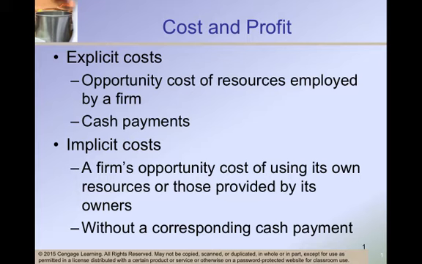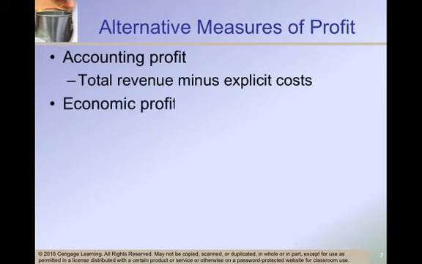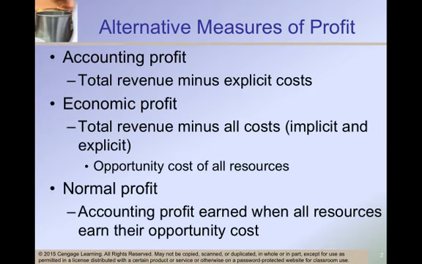So we're going to talk about how accounting versus economic profit actually differ from each other, and it really revolves around that idea of explicit versus implicit costs. First of all, looking at accounting profit, again, that's your total revenue minus explicit costs. Total revenue is the money coming into your company. In the case of Domino's, if they sell a pizza for $10, that $10 is paid by the customer for a pizza.